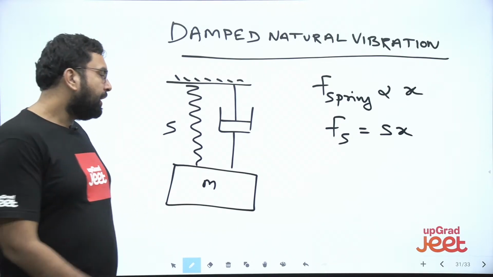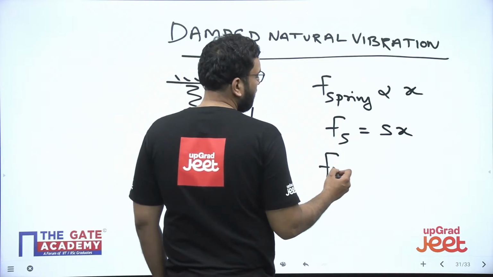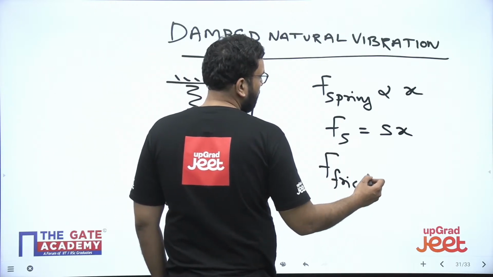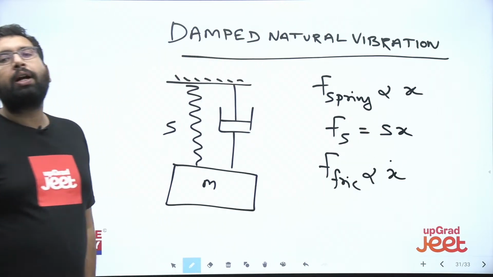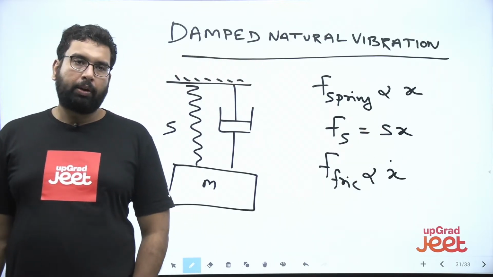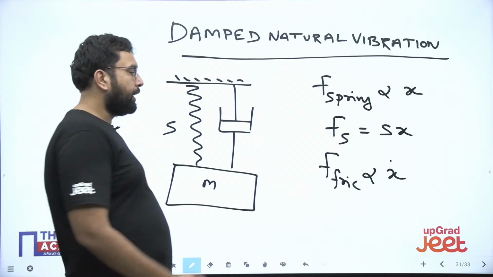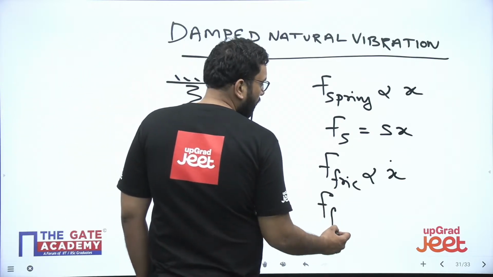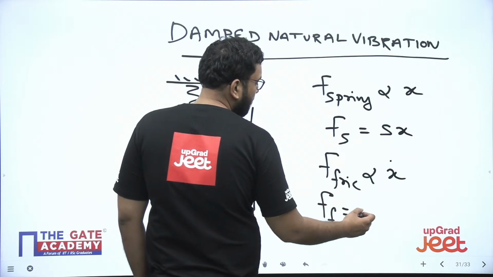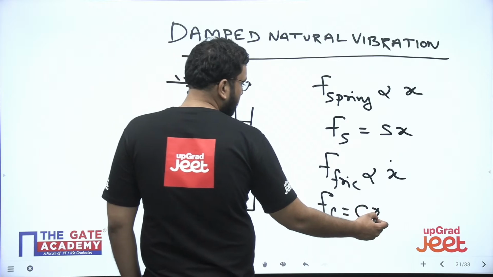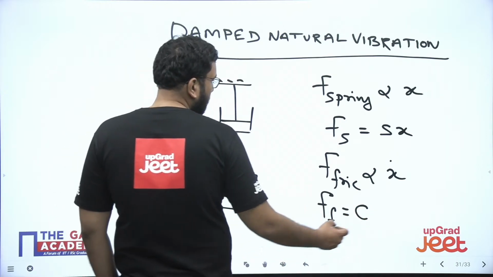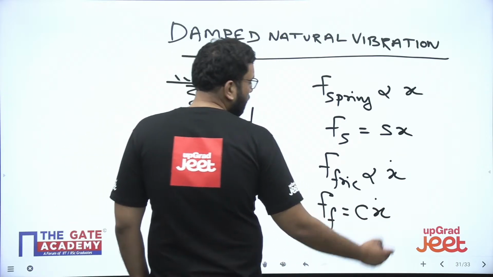Similarly, the force of the friction is proportional to velocity. We are here talking about the kinetic friction. So when we let go of the proportionality sign, we get a constant, and we are going to call it C, and it is going to be Cx dot.